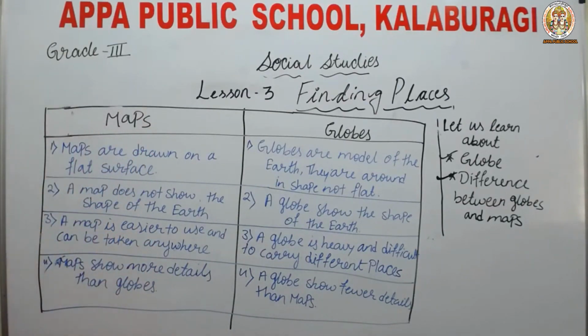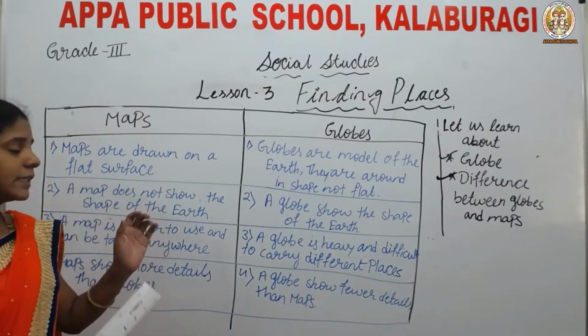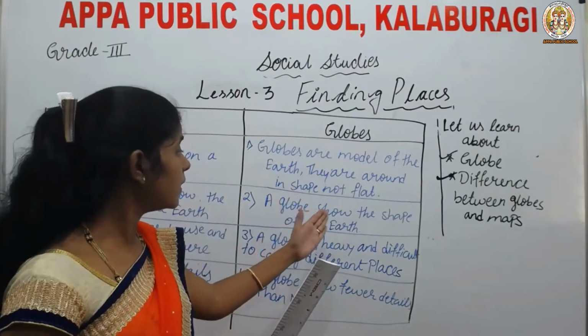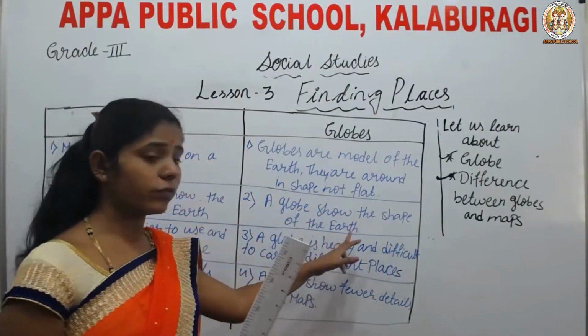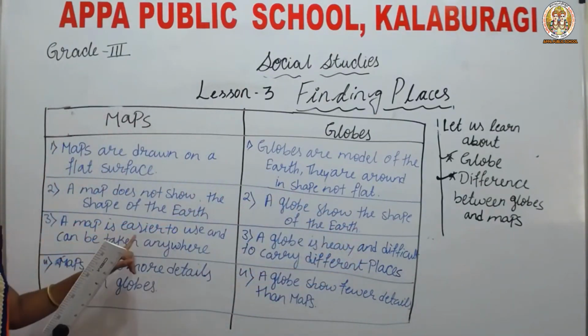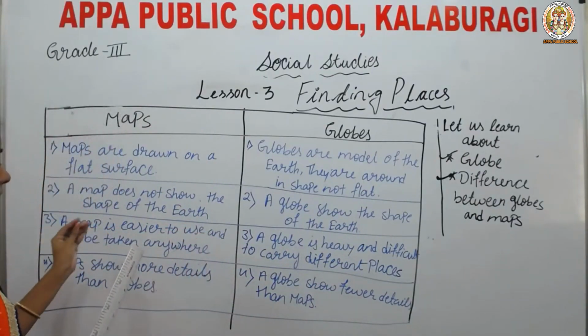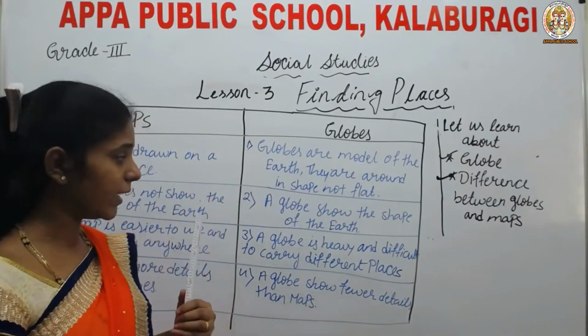Next point. A map does not show the shape of the earth. A globe shows the shape of the earth. A map is easier to use and can be taken anywhere.